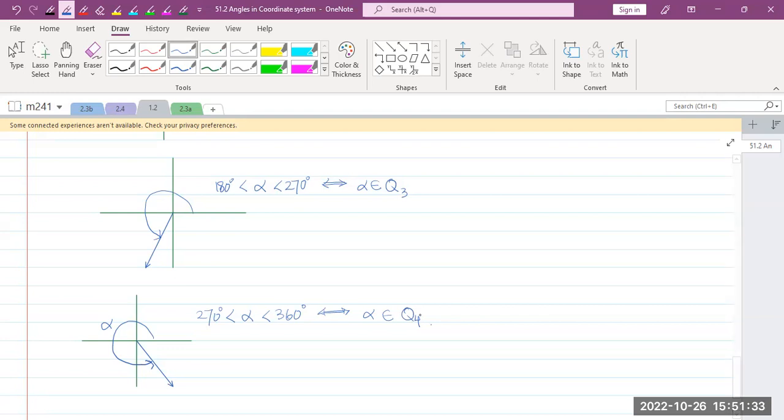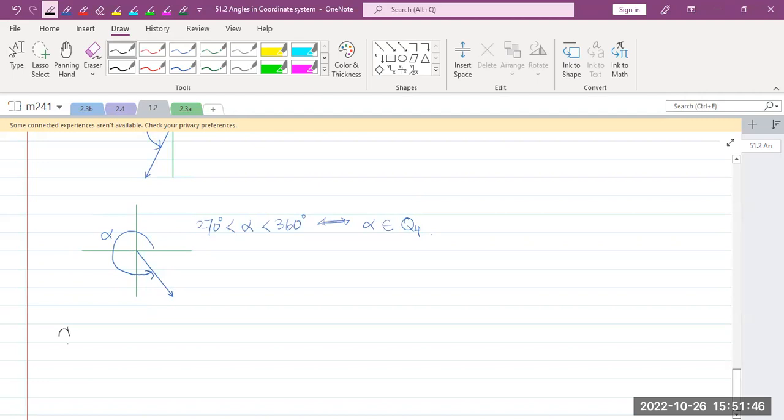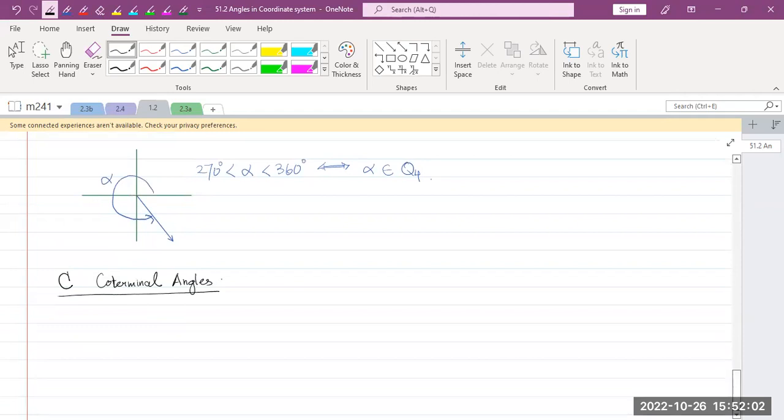Next, the word coterminal. Coterminal angles refers to angles in standard position with the same terminal side.